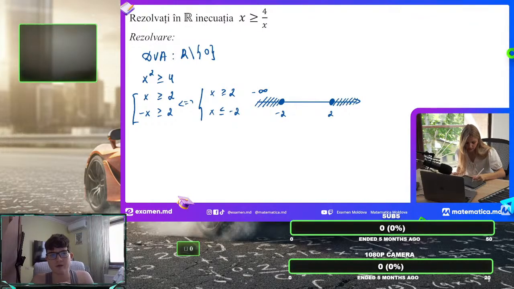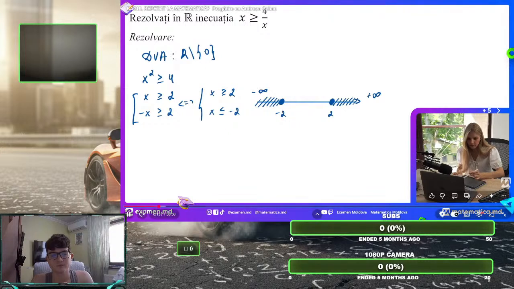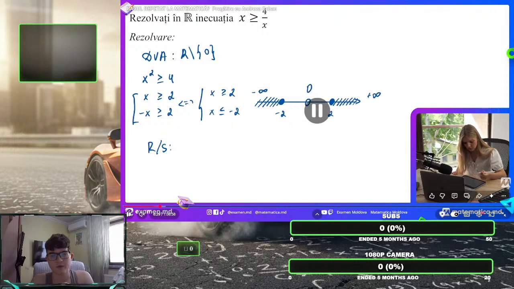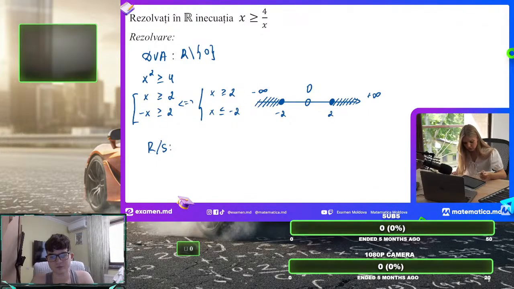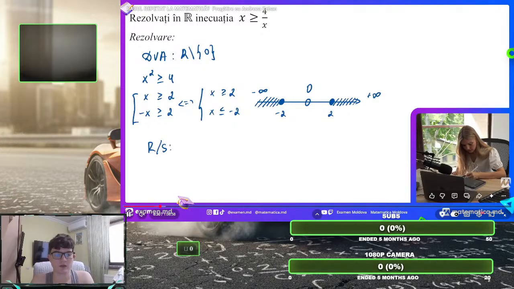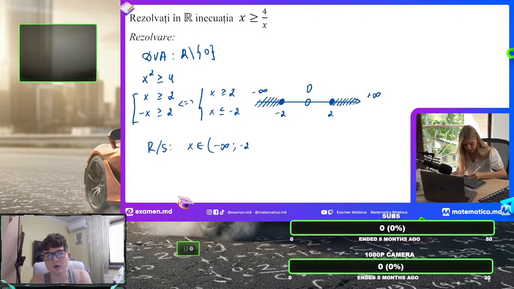So these are our intervals. It cannot be 0, it's not even there, so the answer is from minus infinity till minus 2, with a parenthesis, not the ordinary one, and then the union with from 2 till plus infinity.